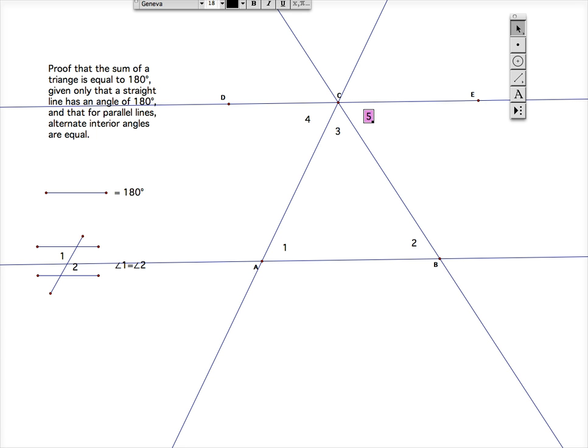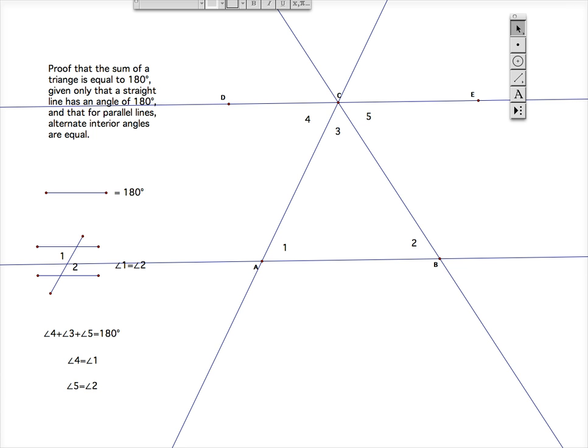Now, because I know a straight angle is equal to 180 degrees, I know that angle 4 plus angle 3 plus angle 5 is equal to 180 degrees. Because I know that for parallel lines, alternate interior angles are equal, I know that angle 4 is equal to angle 1, and that angle 5 is equal to angle 2.